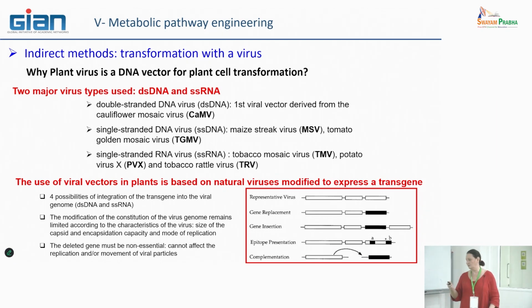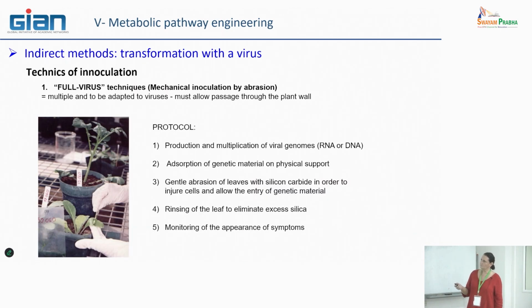So you need to be careful of that. But it is possible. You can make some epitope presentation, for example if you want to produce a specific immune reaction, which is not in plant cells, but can be done. And you can also make some complementation. I will only cover these two types in my presentation.